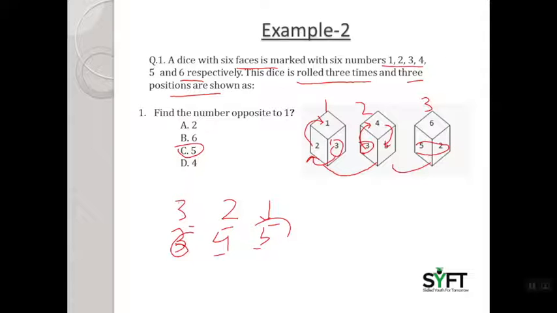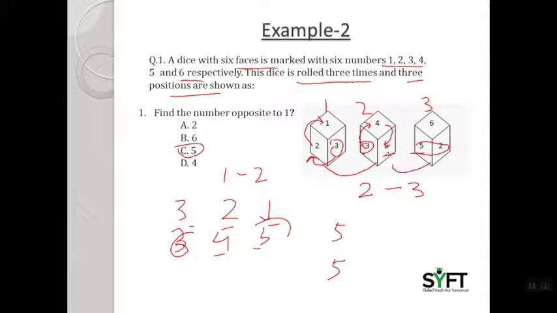So this is for comparing between 1 and 2. Let's compare the second to third roll. In the second to third roll, you can see there is a common number 5. Always try to find two common numbers. Once you find the common number, you write it down, 5 and 5, and then start traveling clockwise again.